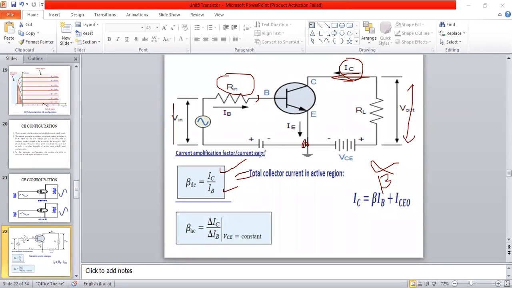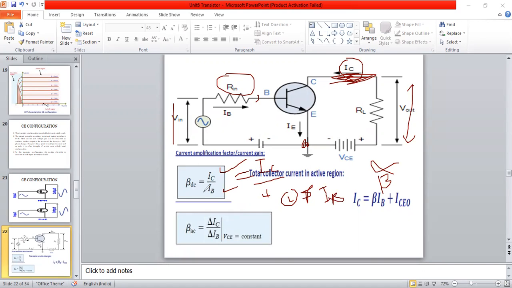The output current is IC divided by IB, the input current. So the total output current IC, from this equation we can write, equal to beta IB.